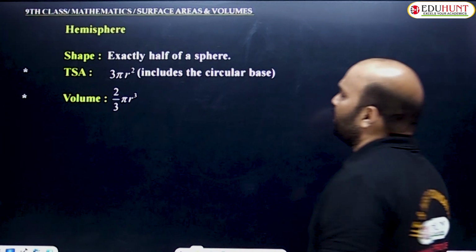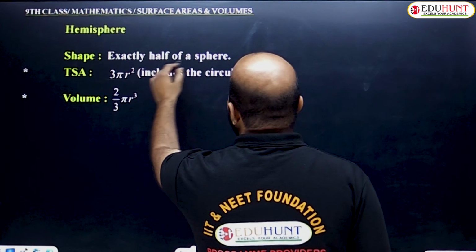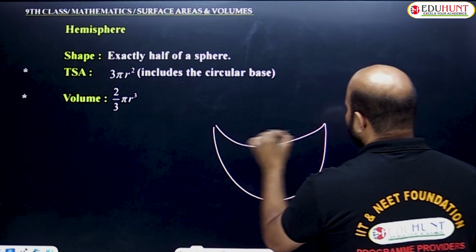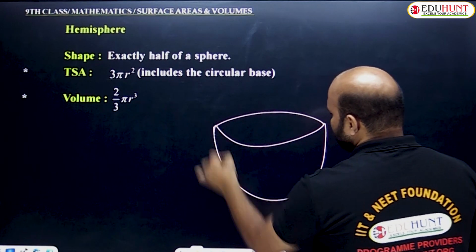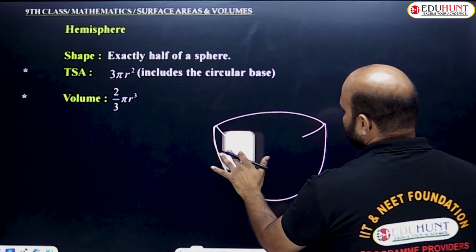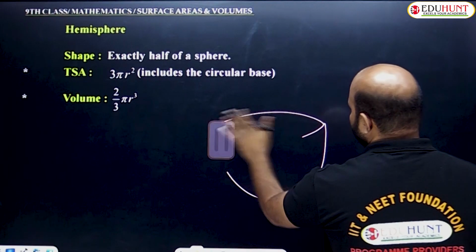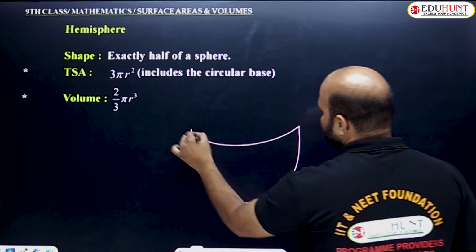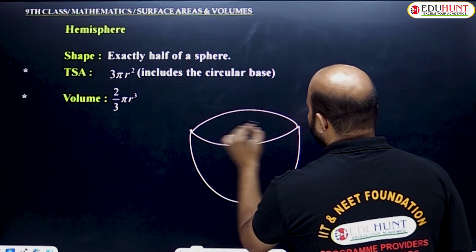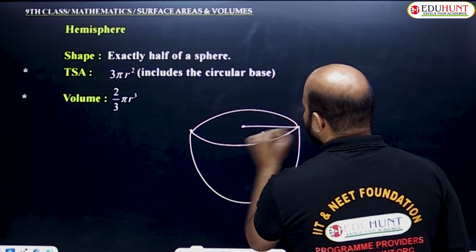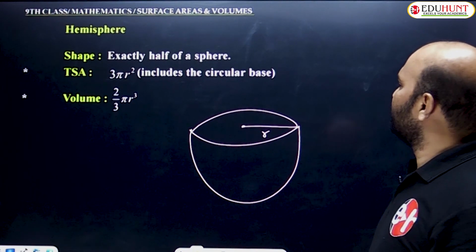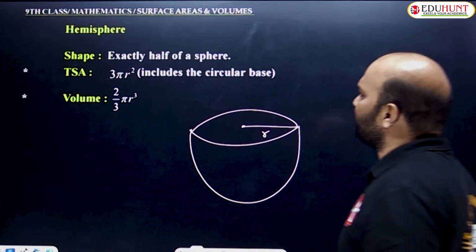Next, hemisphere. What is the shape? Exactly half of a sphere is called a hemisphere. It has a radius. Am I clear? What is the total surface area?